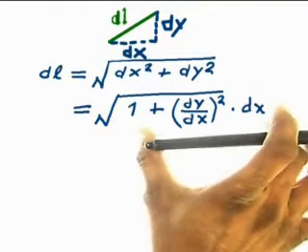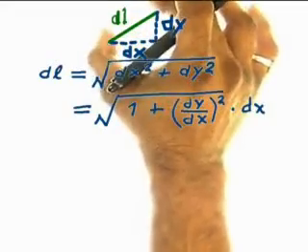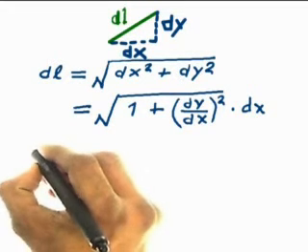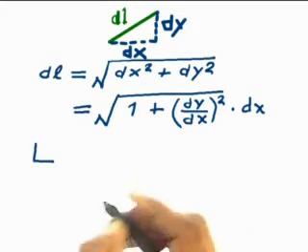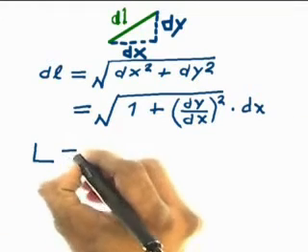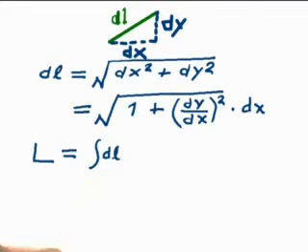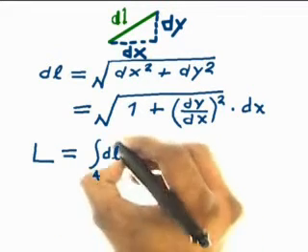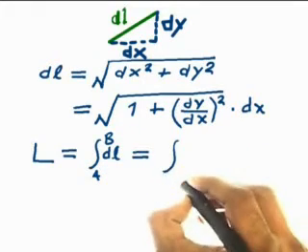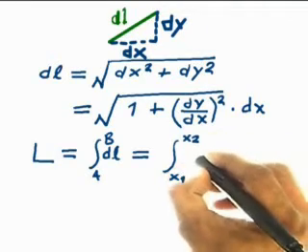As this is the small distance traveled in a very small part of its path, then if we want to get the complete length of the path, means distance traveled between A to B, it can be achieved by adding all the small distances starting from A to B, and that can be done by integration within the limits x1 to x2.